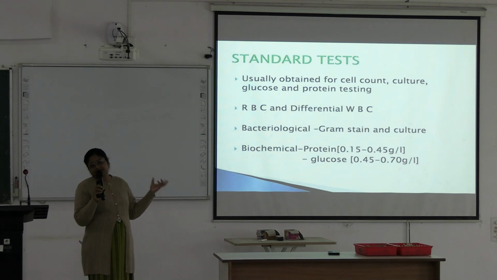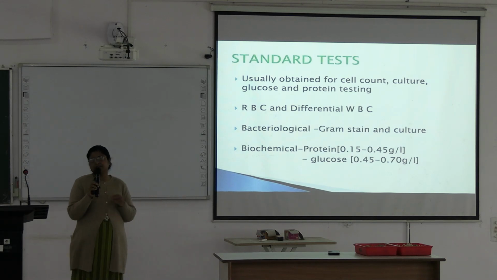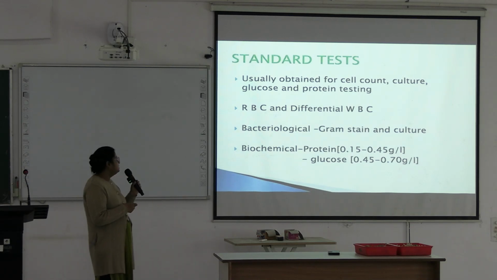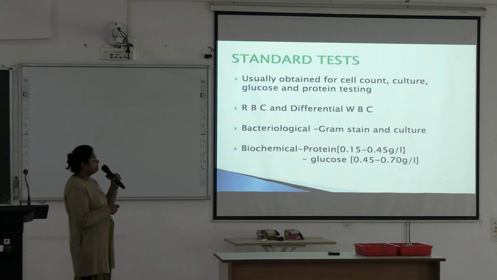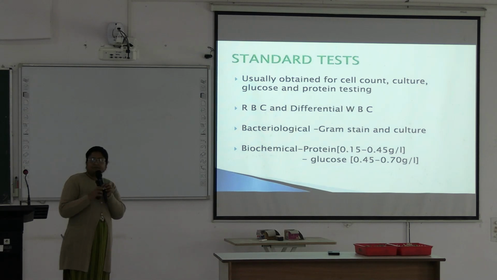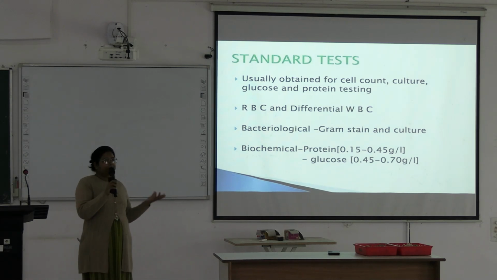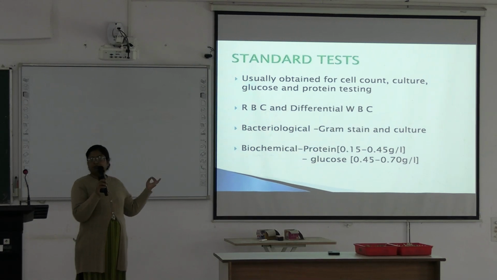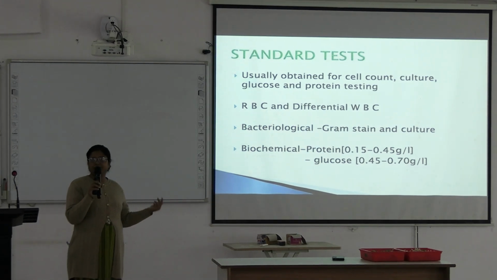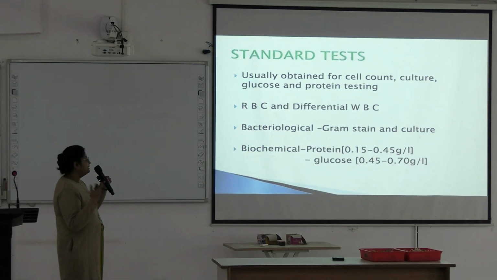RBC count is increased if hemorrhage occurs within the subarachnoid space. RBC and differential WBC count is mainly done. Bacteriological gram stain and culture. Culture is for detecting which antibiotic is working, and gram stain you have to do for tuberculosis and other bacteria.